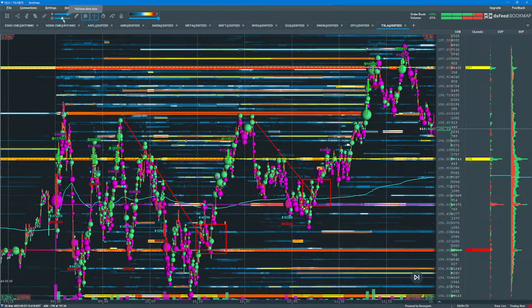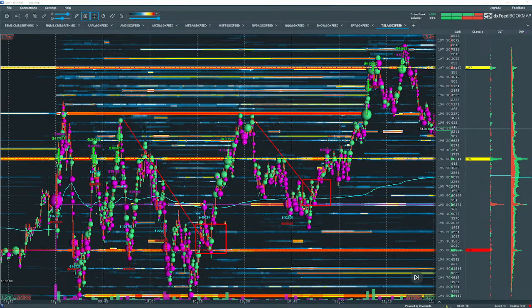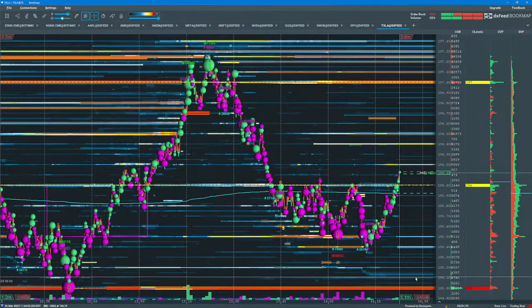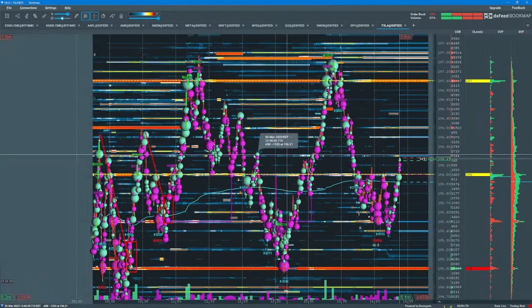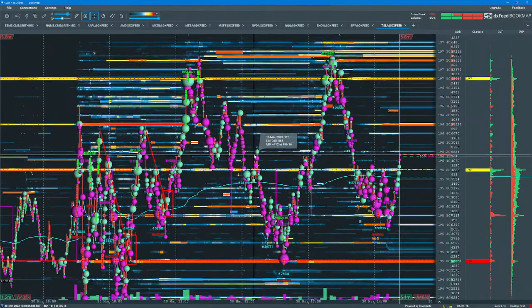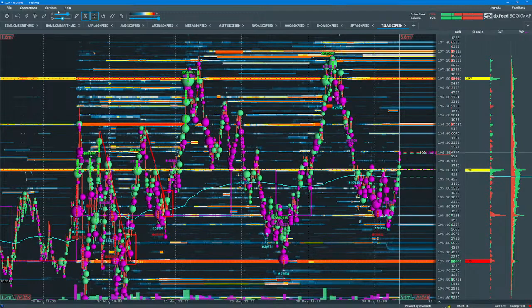Trend break and a move higher, and if you miss that first move, there's a retest back down to the 195.50 level and VWAP, and then a move higher. And so far, the 197 level has been the high of the day.